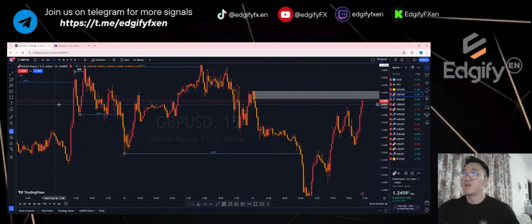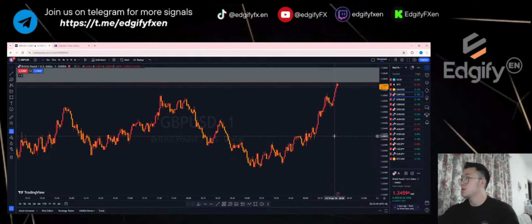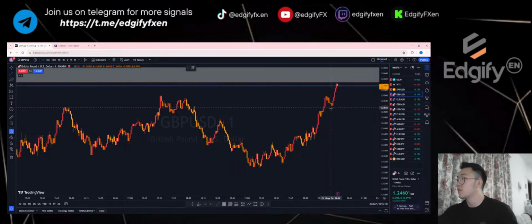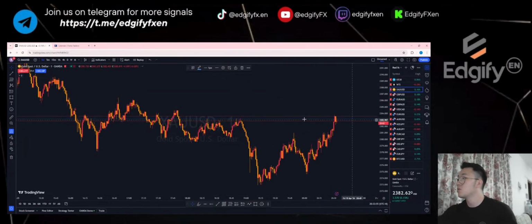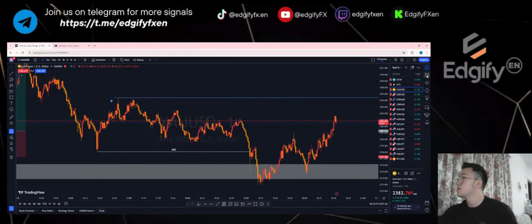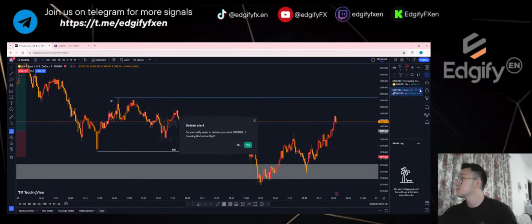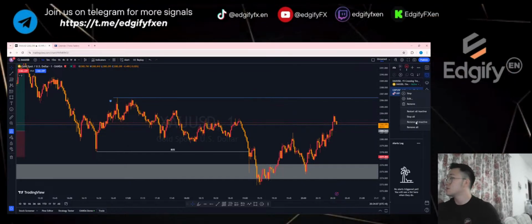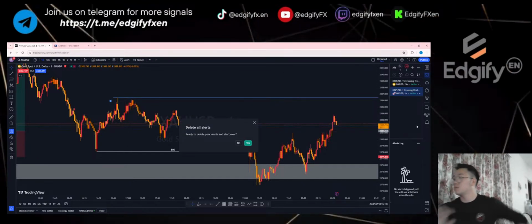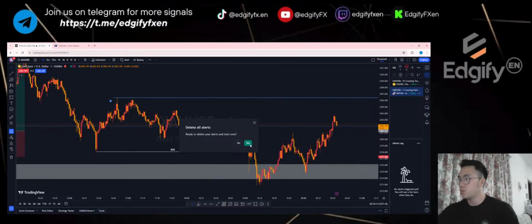Okay, so we have a tap in on GBP USD. I'm currently looking at this level here to be taken out for me to take a sell. And I think gold is not breaking yet, so we'll just wait a while more.